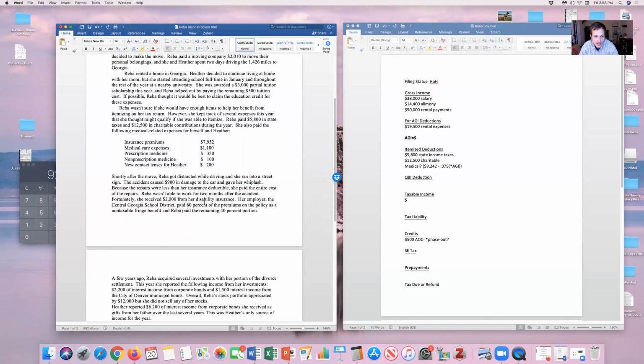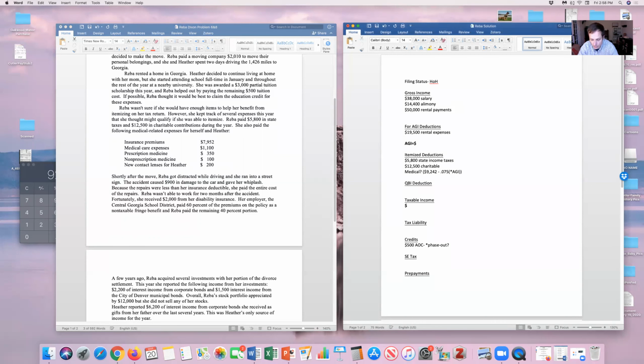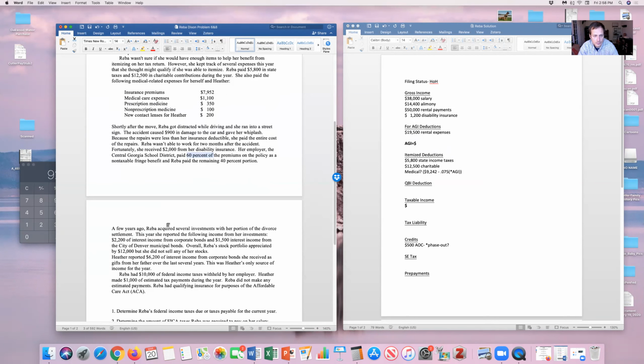Since they paid 60% of those premiums, once again, hopefully you remember that, but if you don't, it's not an issue for this exam. We have to put it in here to make sure we get the right income number. The other 800 she can exclude because she paid the premiums.